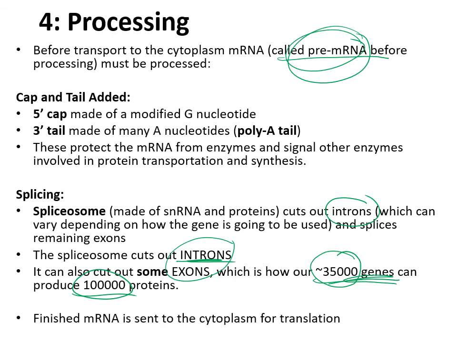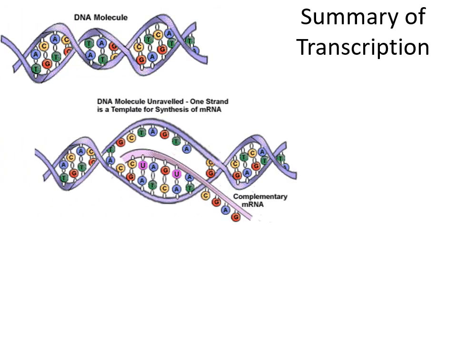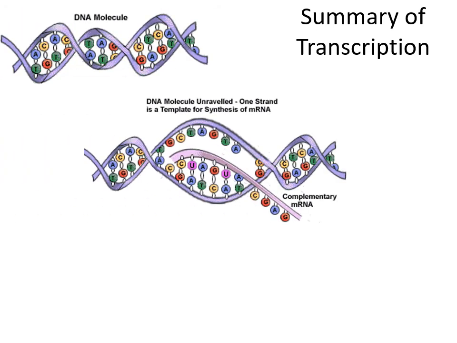Finished mRNA is then moved out of the nucleus into the cytoplasm, where translation can happen. So, summary of the process here: start with your DNA. It is going to be transcribed into the mRNA. And again, we are using the template strand to do that. So this is our template strand that's being used to make the mRNA.